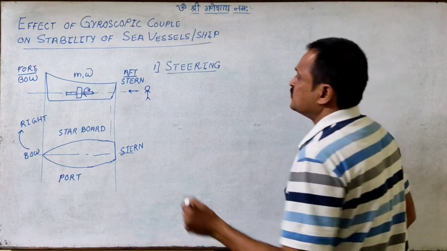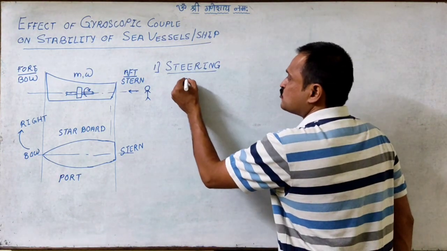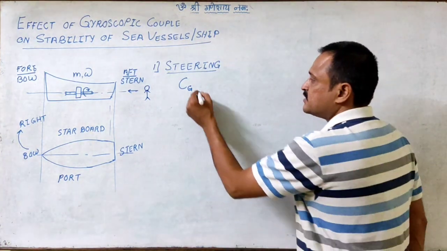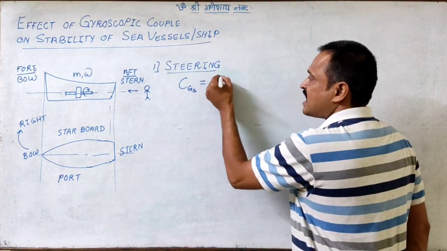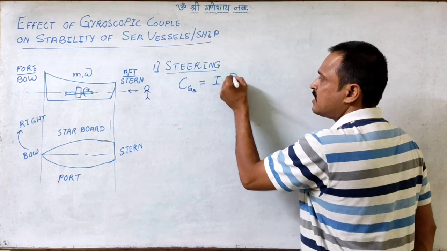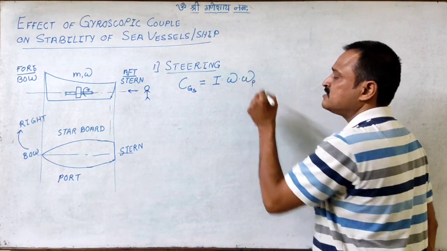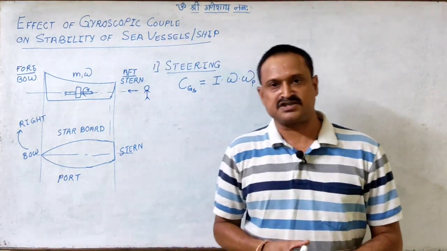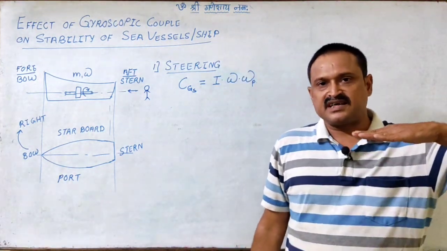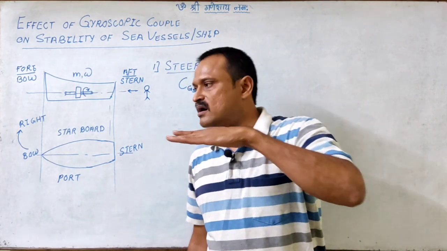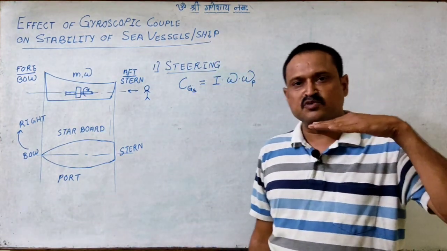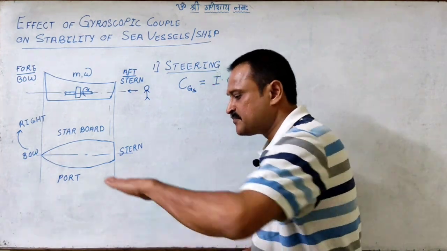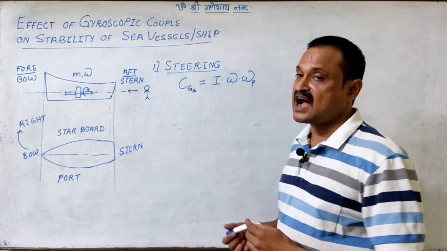So as we know, the magnitude of gyroscopic couple due to steering will be I omega p, where omega p is the precession velocity. Let us say the ship is moving with some linear velocity v, and it is turning at a radius, let us say r.